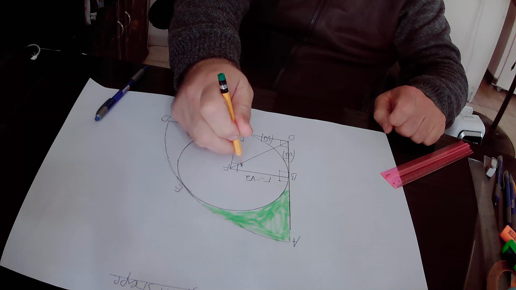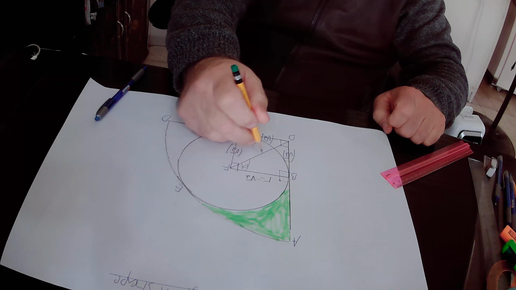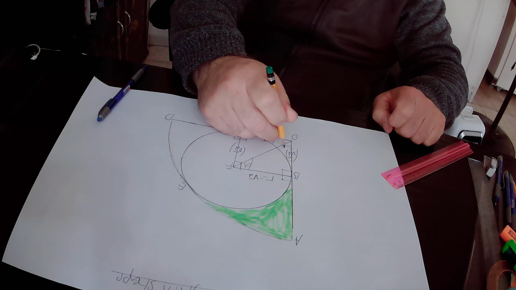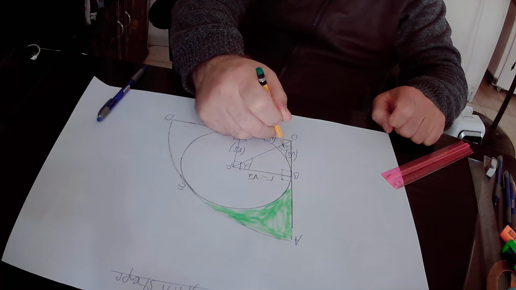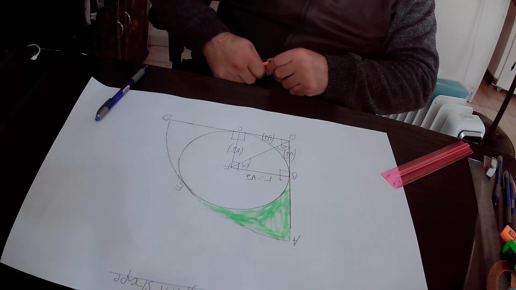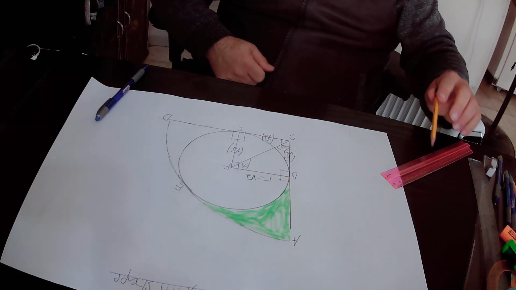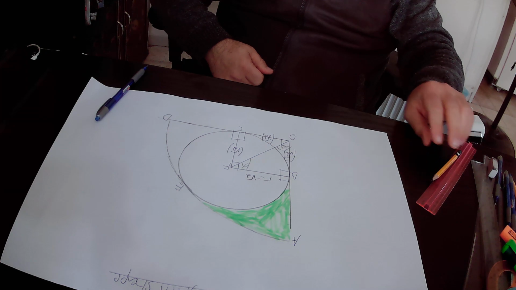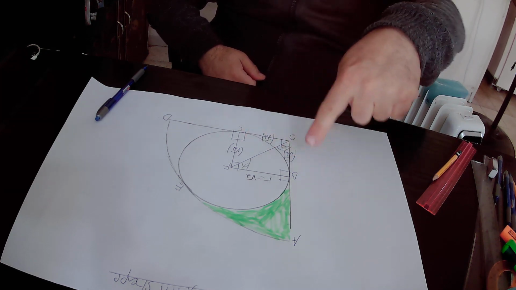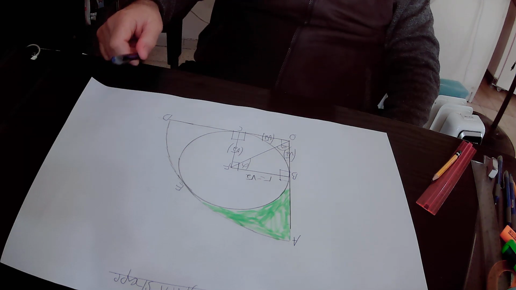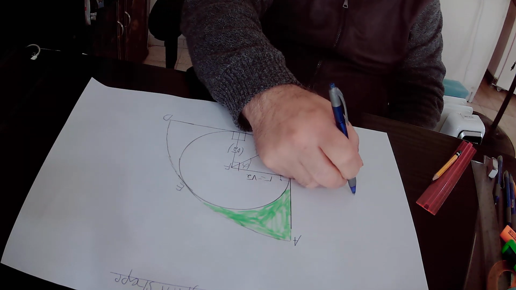the size of this angle as alpha, then the other angle must also be equal to alpha because they are equal to each other. And we also know that the sum of the angles in any triangle is equal to 180 degrees. Especially it is true in the right triangle FBO. So which angles do we have inside the right triangle FBO?